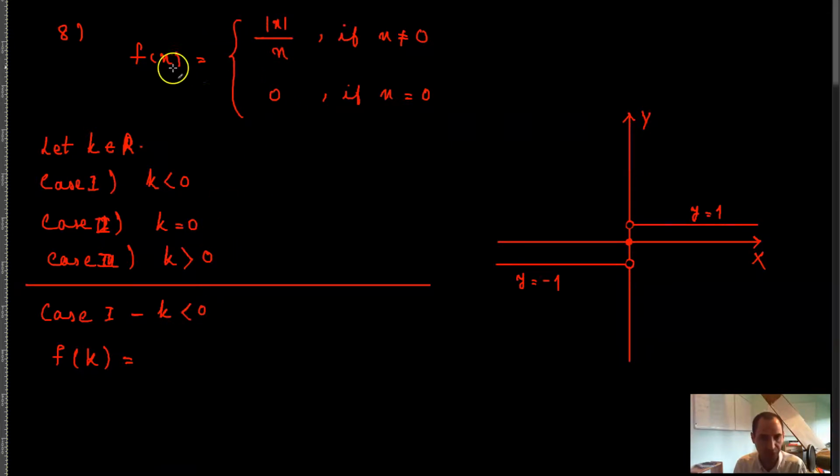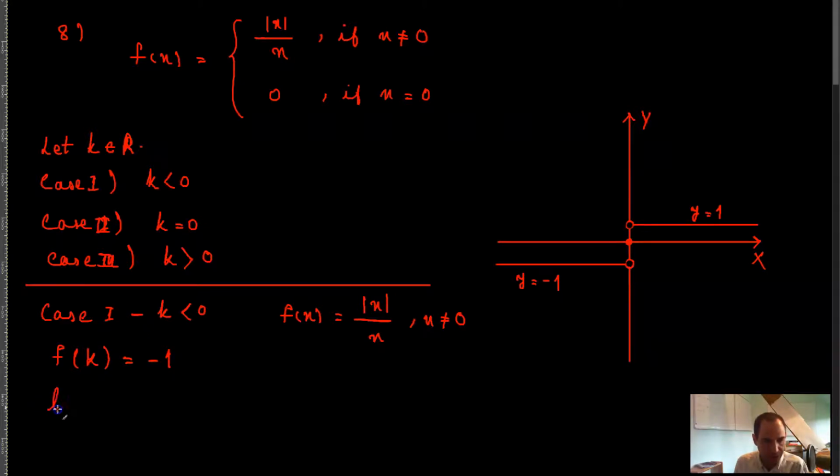You have f of x is equal to the absolute value of x over x, for x not equal to 0. Since k is less than 0, the absolute value of x is equal to negative x. Negative x over x is equal to negative 1. That means that the output of the function is negative 1. f of k is equal to negative 1.